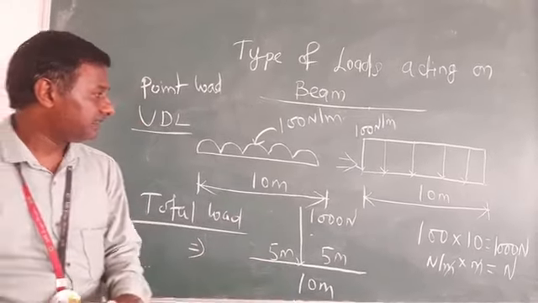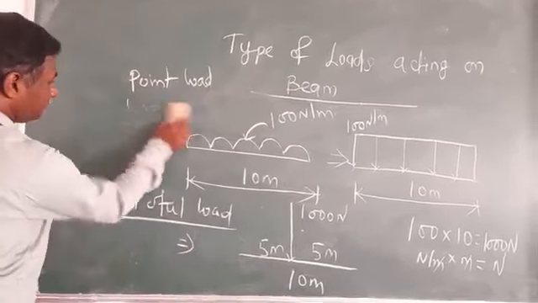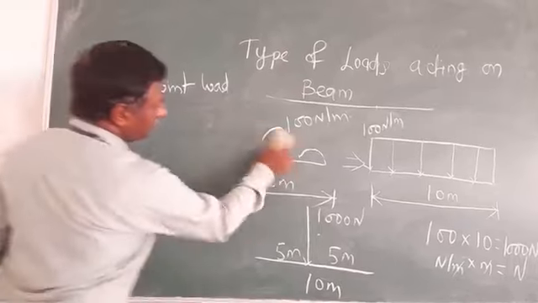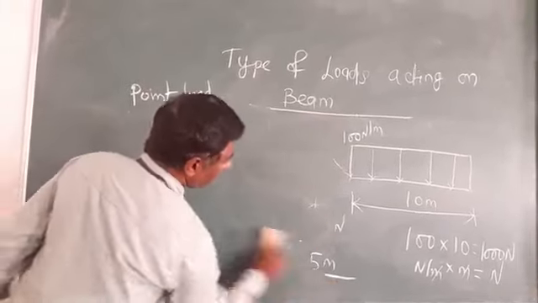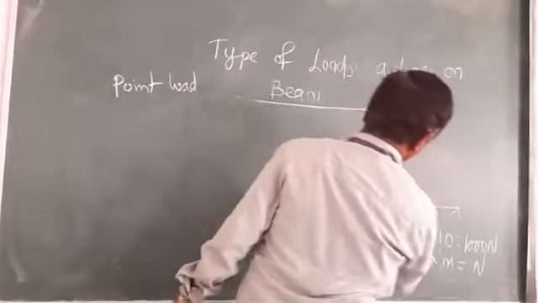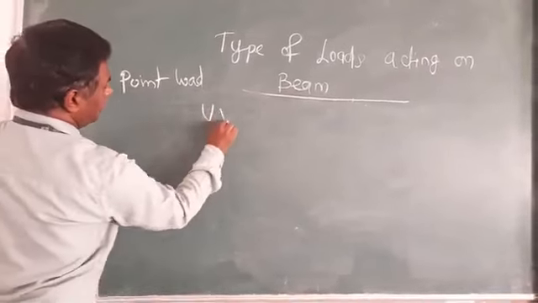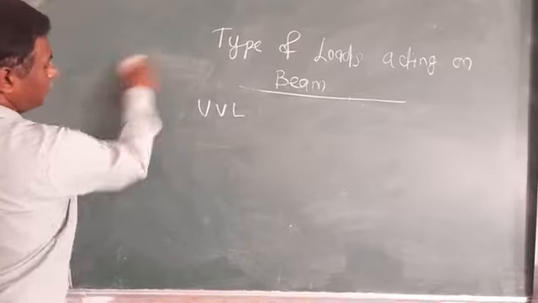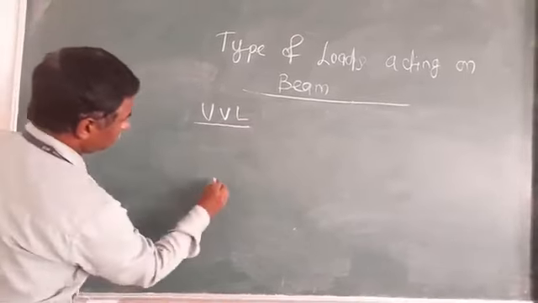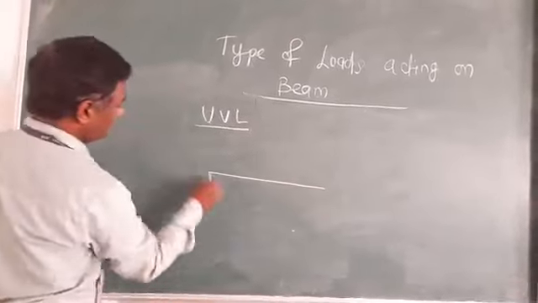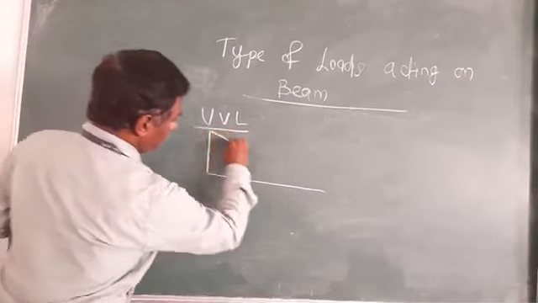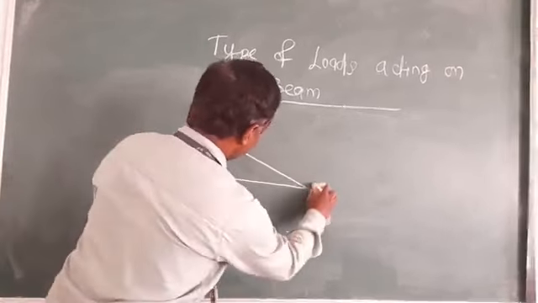Now we can go for the uniformly varying load, UVL. Then it is a right angle triangle.